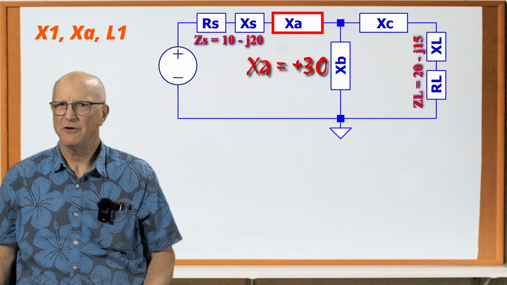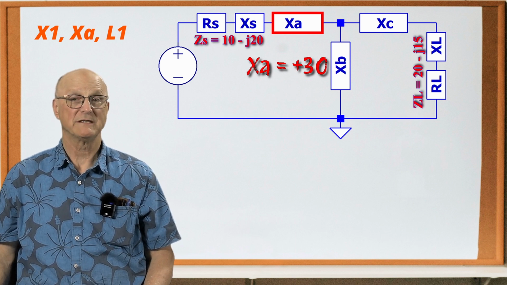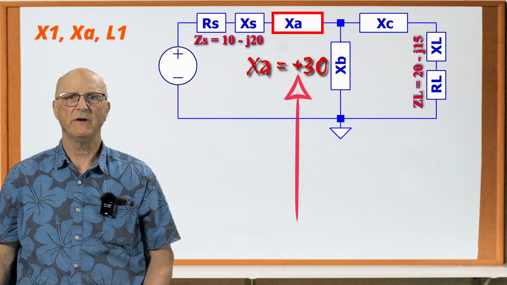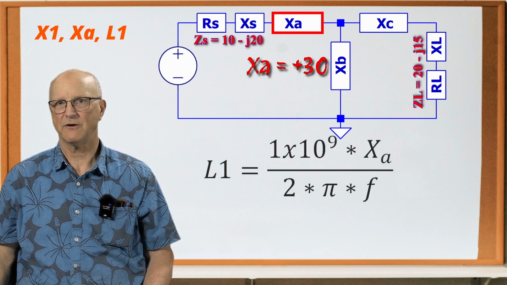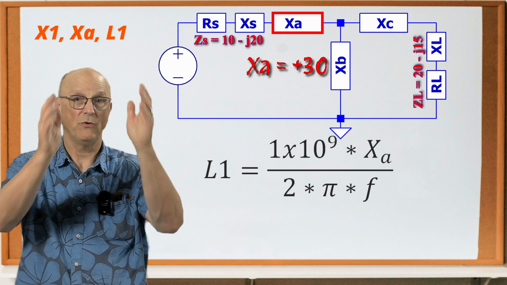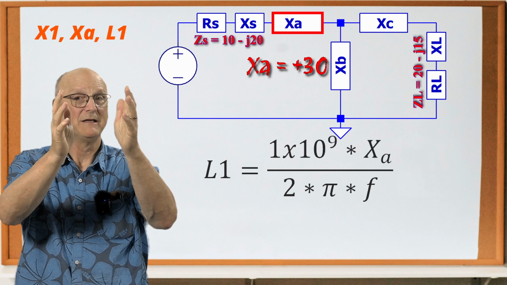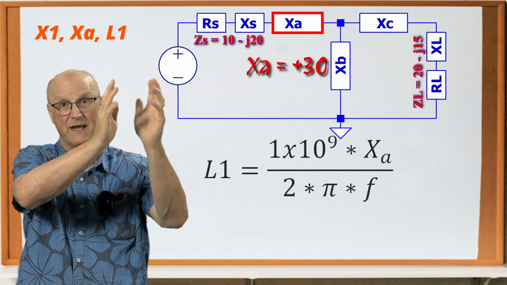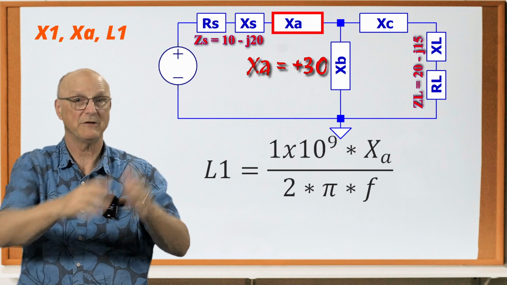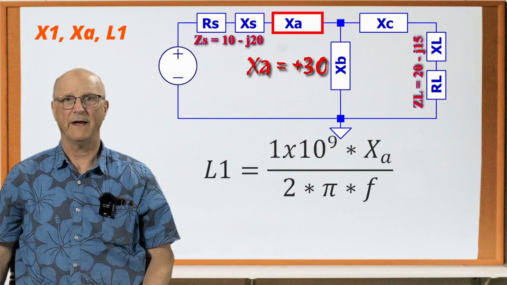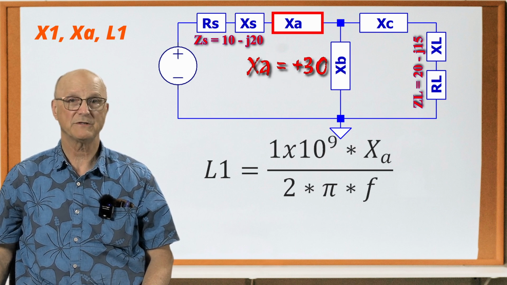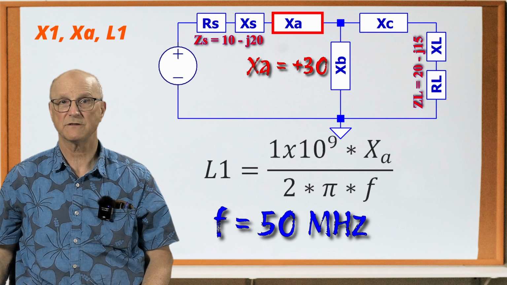So what is the value of this component? We know this is an inductor because its reactance is positive, so I'm going to use this formula to calculate its value in nanohenries. L1 is equal to 1 times 10 to the 9th times our reactance XA divided by 2 times pi times the frequency in hertz. And we know XA is equal to plus 30, and the operating frequency, F, is 50 megahertz.